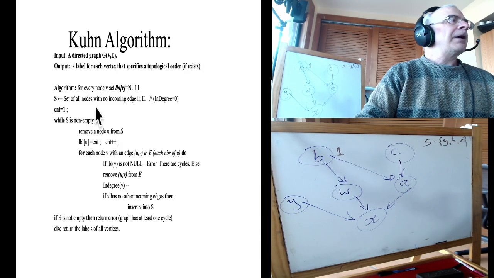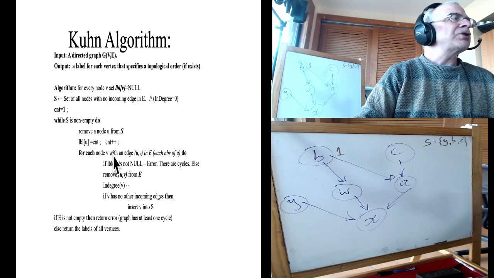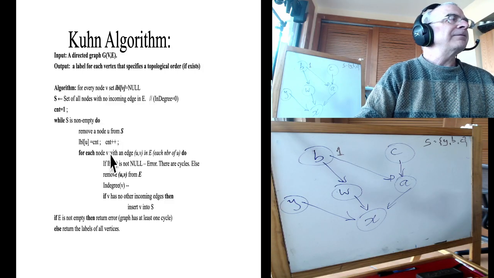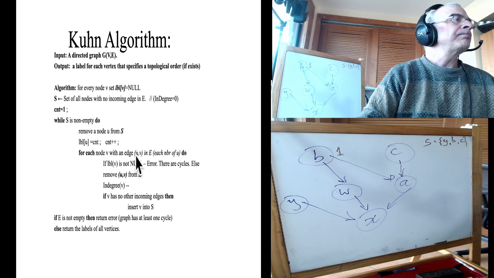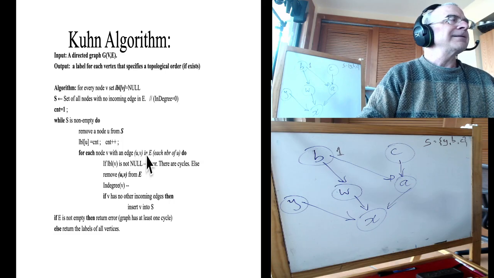And now for each vertex v with an edge uv in the graph, that is all the edges that are leaving u, where u is the node that I just picked, what do I do?